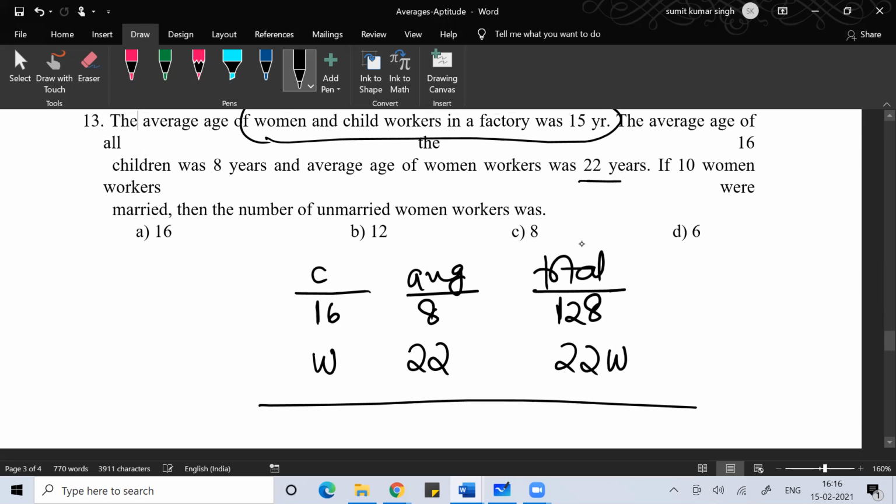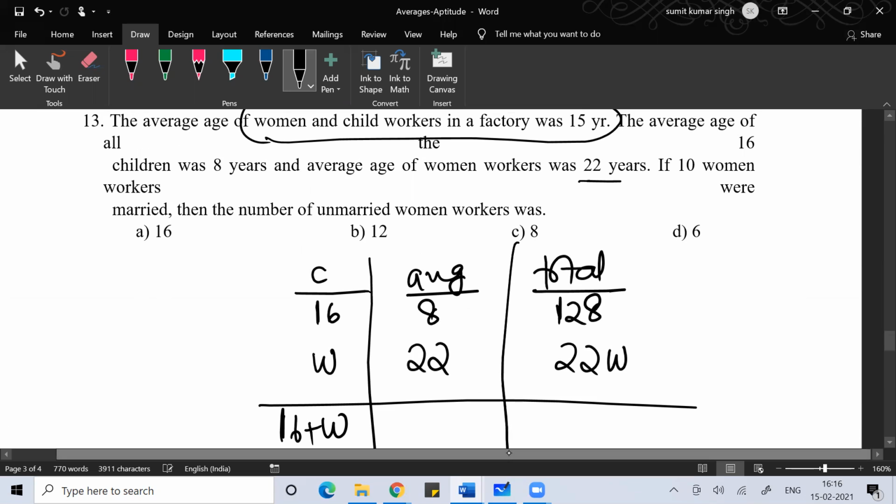Now you have a total of 16 plus W persons, 16 children and W women. I don't know the number of women, and the total age is 128 plus 22W.